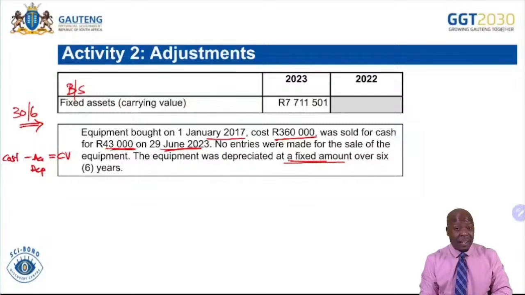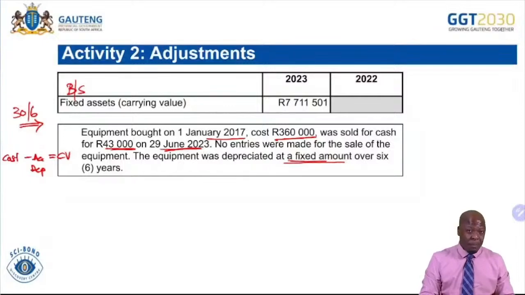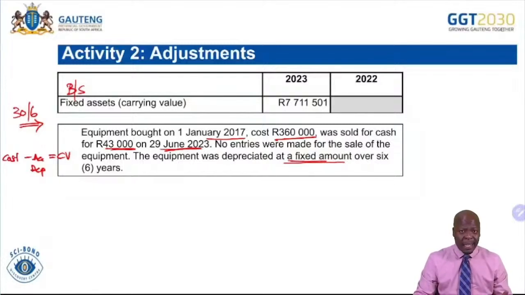We are not given the accumulated depreciation, so we must calculate it. We are then told that the equipment was depreciated at a fixed amount. A fixed amount, therefore, simply means we are talking the cost price method, fixed installment method, one and the same thing. So we can calculate depreciation for this asset.